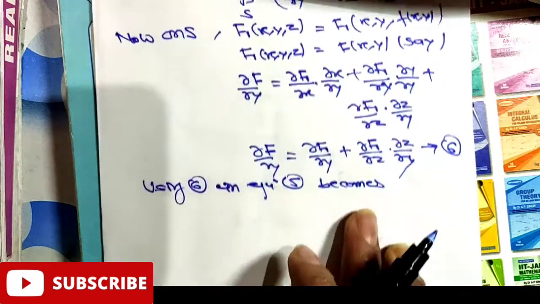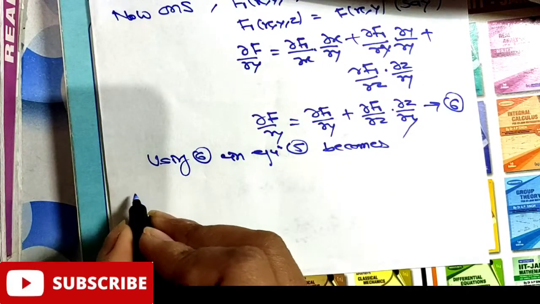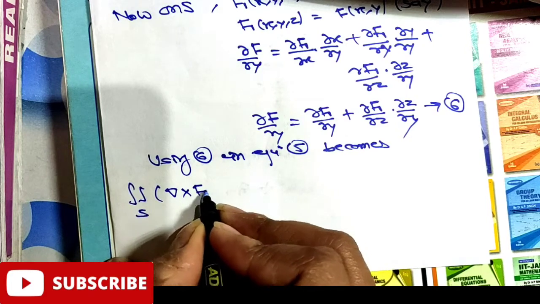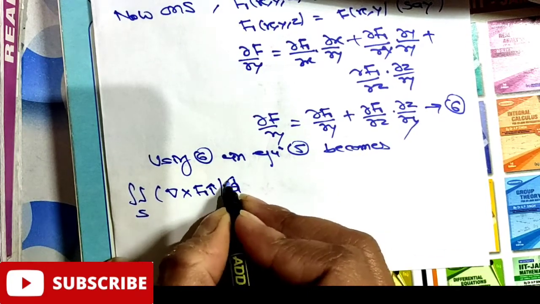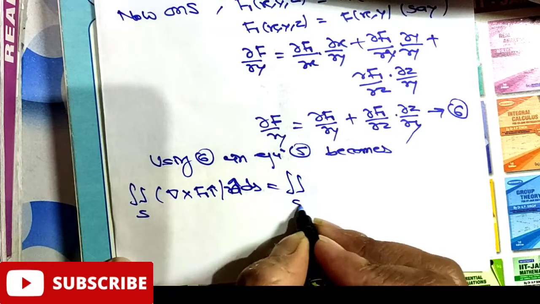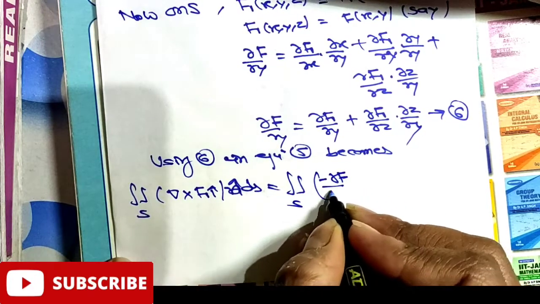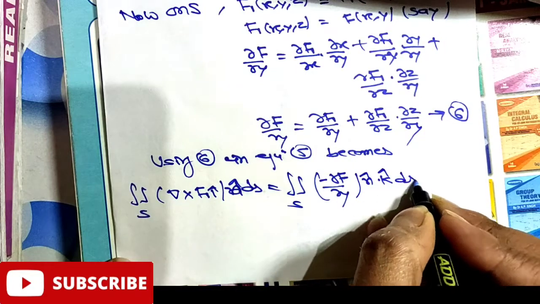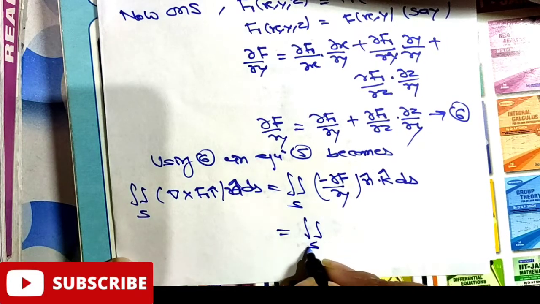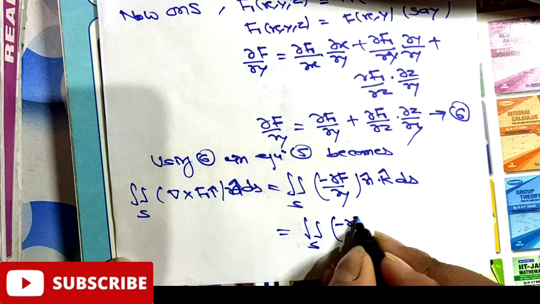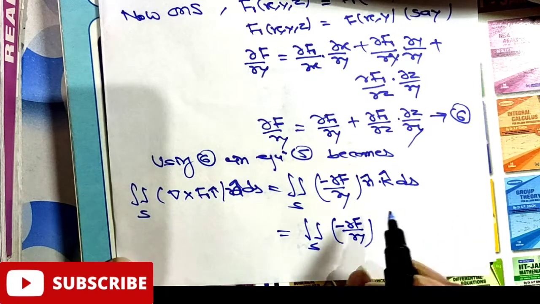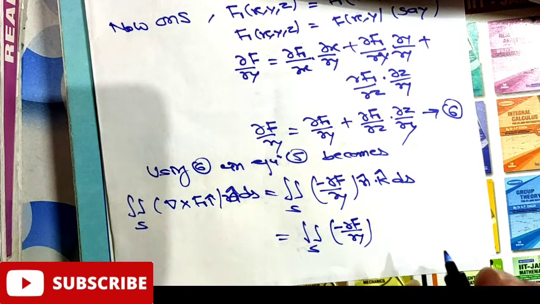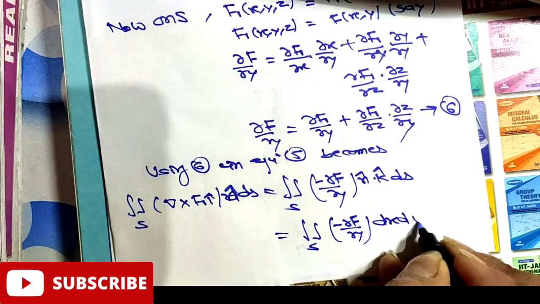We get the surface integral over S of del f1 i cap dot n cap ds, equals the surface integral over S of minus del F upon del y n cap dot k cap ds. So this will become surface integral of minus del F upon del y, and we know that n cap dot k cap ds is equal to dx dy.